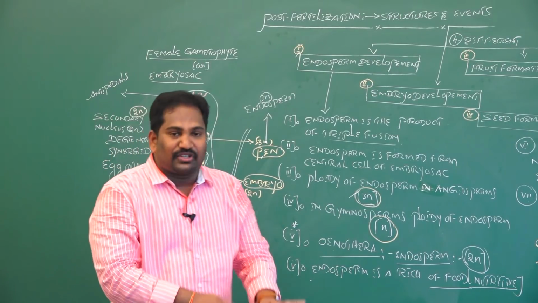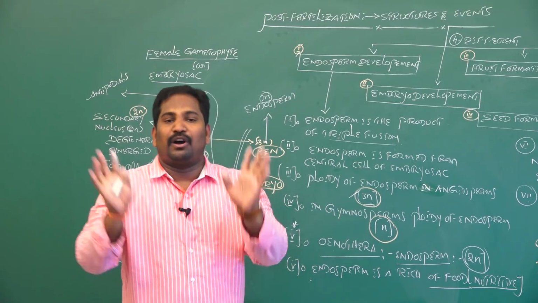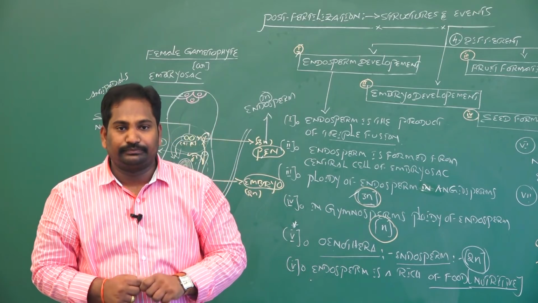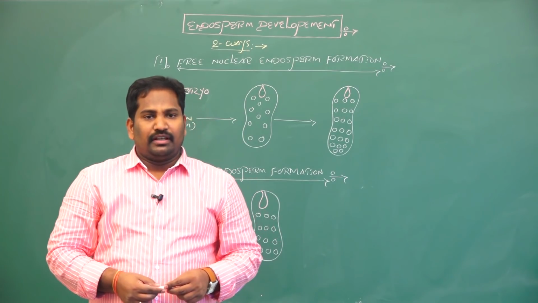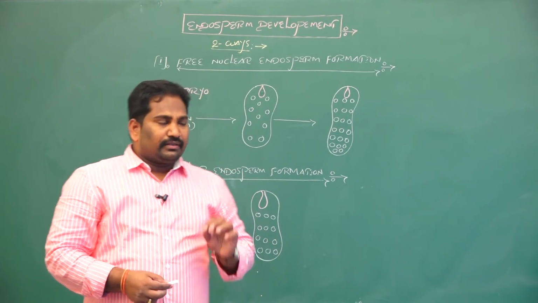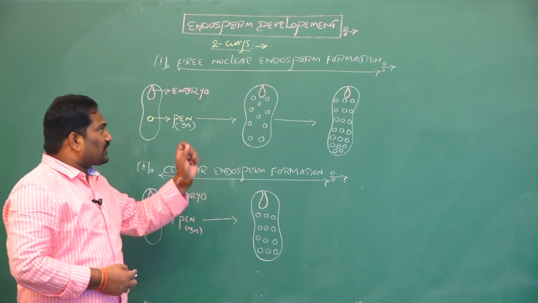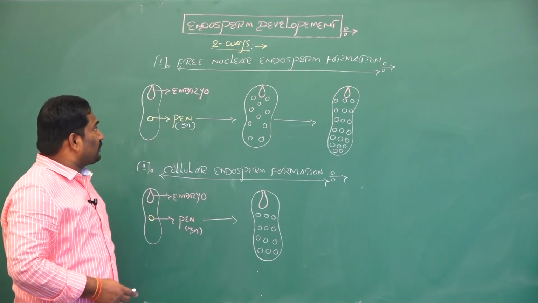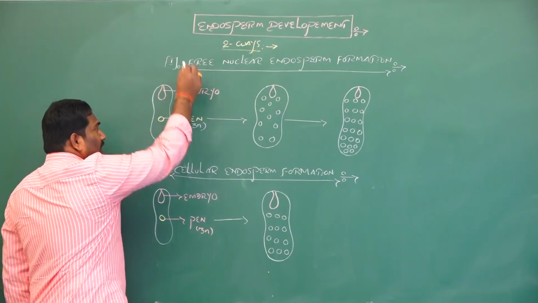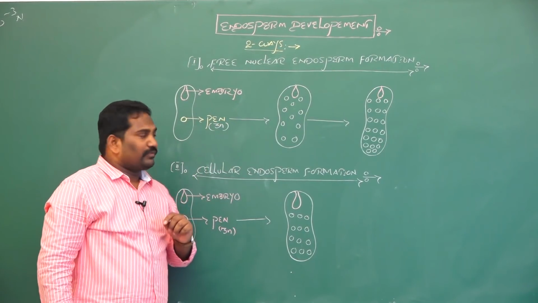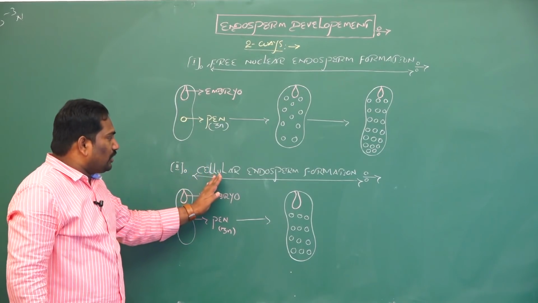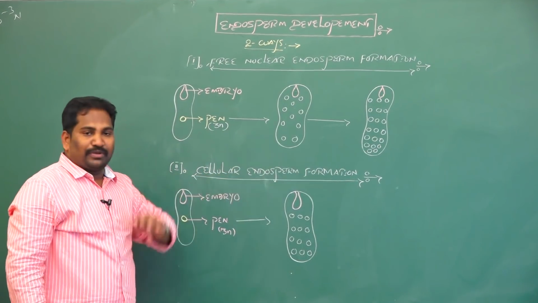Cellular endosperm formation is the second type. We discuss now the development of endosperm in angiosperms by these 2 ways.